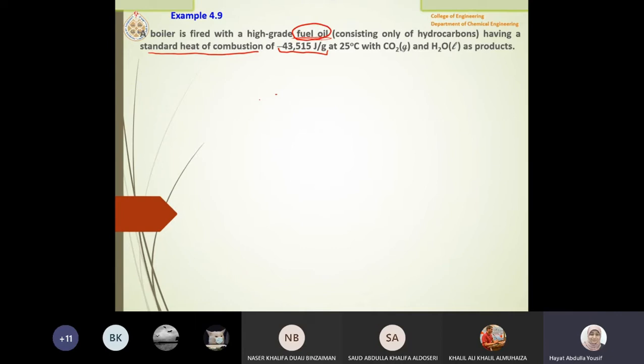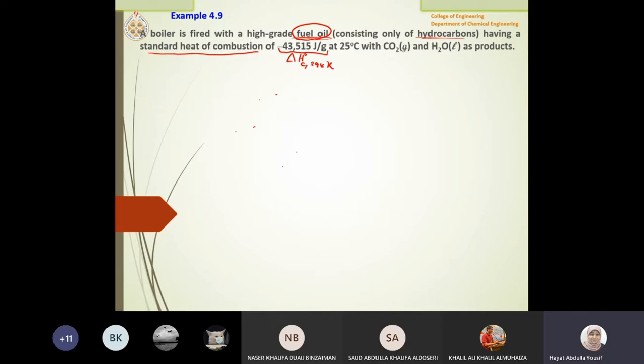But here, they did not tell me what the fuel oil is. They just said it consists of hydrocarbons. So they give me the delta H ready for us. This is my delta H of combustion, which is the standard heat of that species, at 25 degrees Celsius or 298 Kelvin.